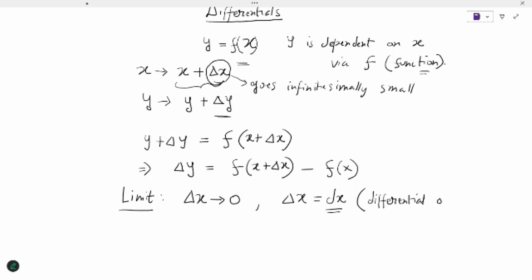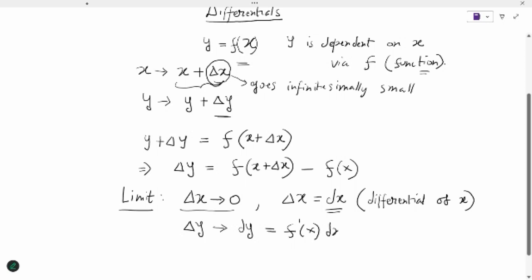In this limit where delta x tends to 0, we have delta y also tending to dy, not immediately tending to 0, but f prime x dx.